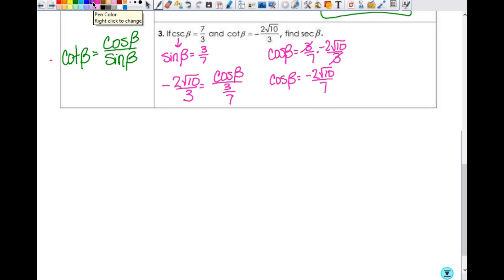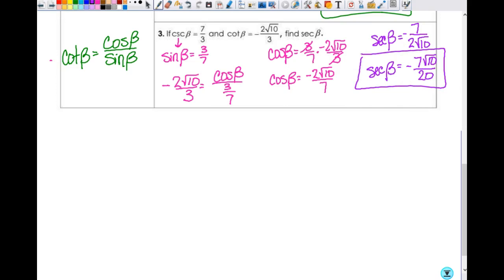But the secant is the reciprocal of cosine, right? So the secant of beta is equal to 7 over 2 square root of 10, and it's negative. And then I just have to rationalize. So I get the secant of beta is equal to negative 7 square root of 10 over 20.